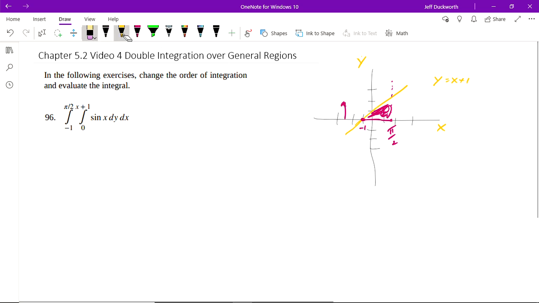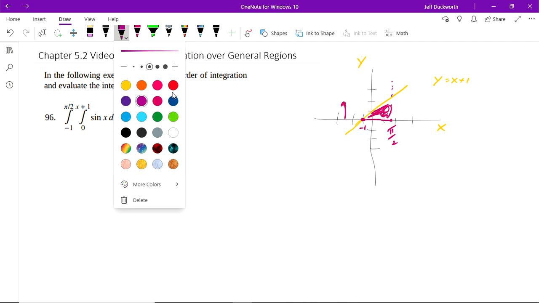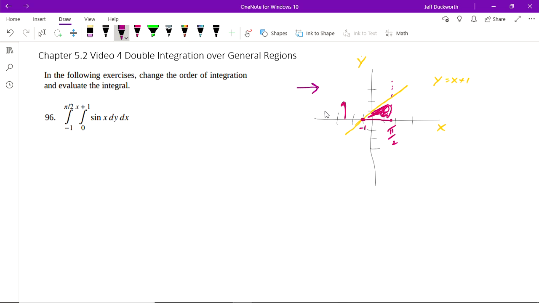That's not what I wanted. So now we want to do it this way, and we're hitting first the line x plus 1, and then we're hitting pi by 2.